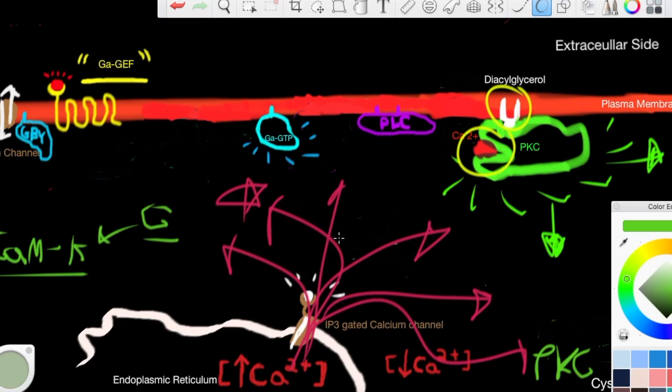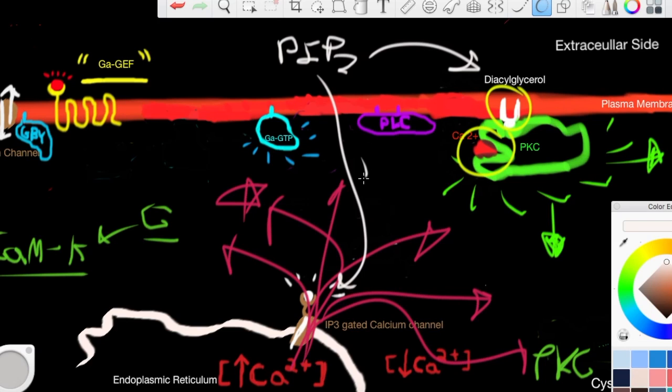However, one interesting little property that I found interesting in class: do you guys remember how we had PIP2? Well, when that gets cleaved, you cleave it into only one diacylglycerol and one IP3. So because of protein kinase C's double substrate function, you won't really have an amplification step at this particular step, because you still only have one diacylglycerol, and PIP2, as we mentioned, is kept in very low concentrations on the cytosolic side.